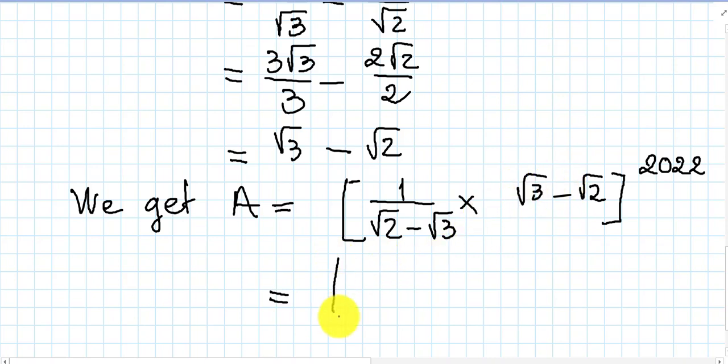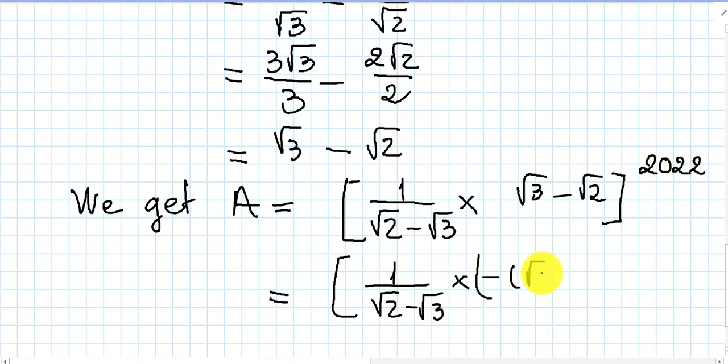We get 1 over square root 2 minus square root 3 times minus the quantity square root 2 minus square root 3, all to the power 2022.